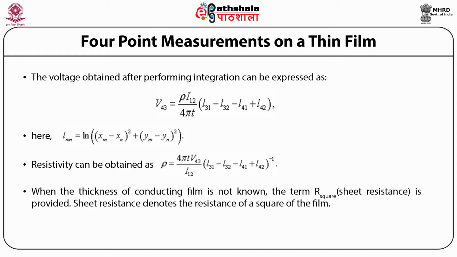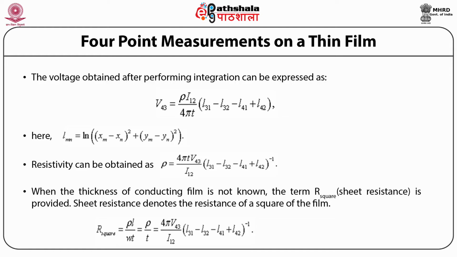When the thickness of conducting film is not known, the term R square, that is, the sheet resistance, is provided. Sheet resistance denotes the resistance of a square of the film. As can be seen in the diagram, the film has a length of L and a width of W and thickness is t. Then R square is equal to ρL divided by W t.